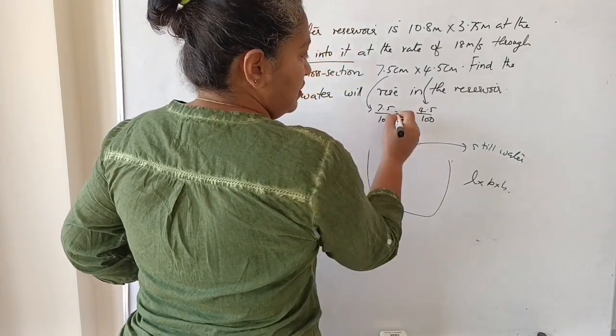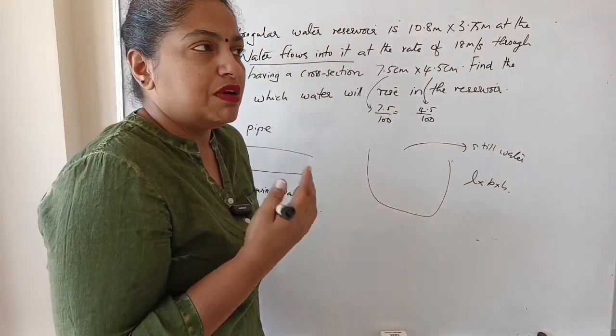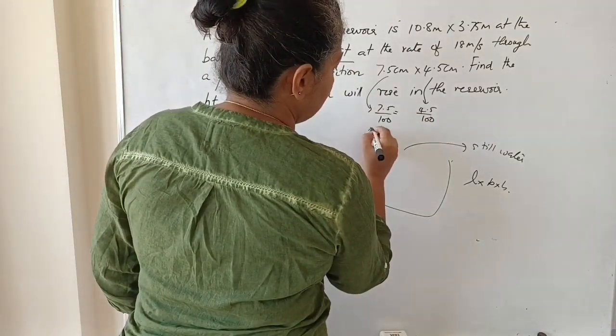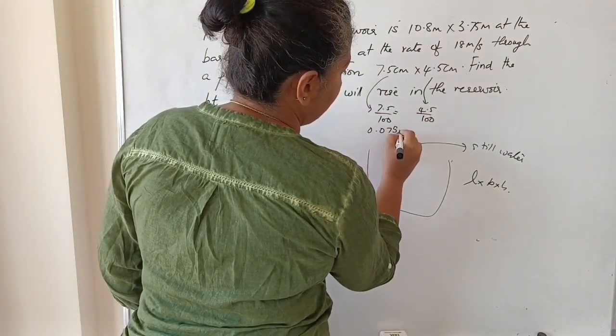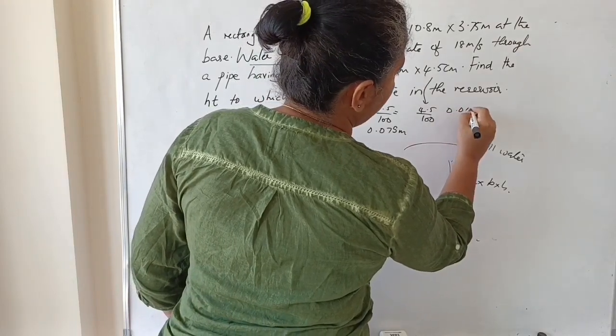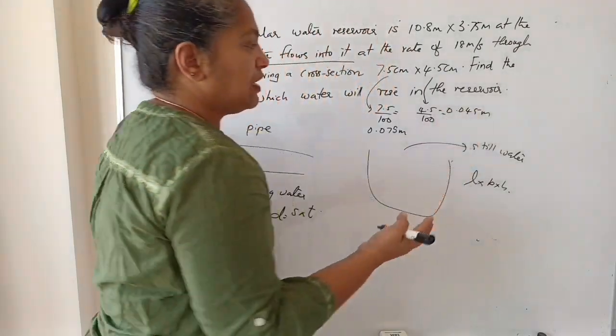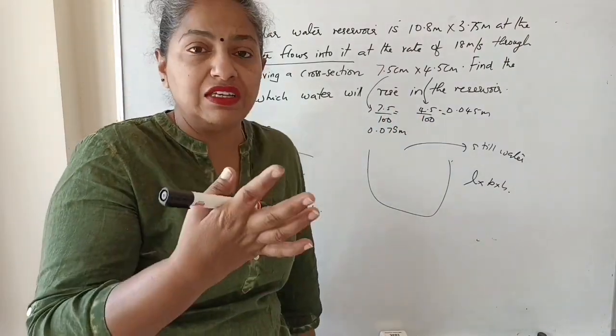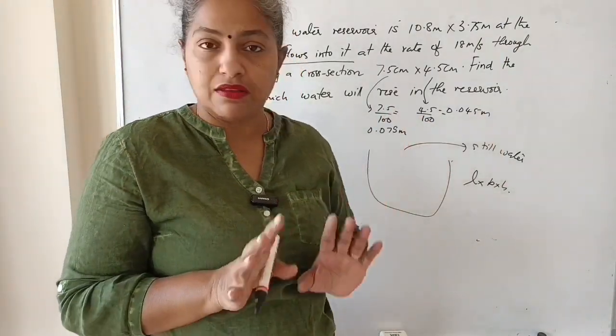Okay. I will maintain it as fraction itself, but when you are writing for the exam, please write the cross section as 0.075 meters and 0.045 meters. But while doing the calculation, if you find it easy, convert it back like this and do the calculation. But for your teacher, for presenting the sum, please write it like this.